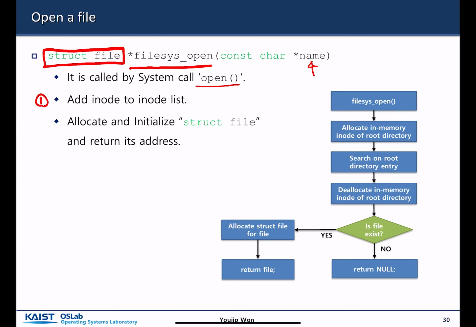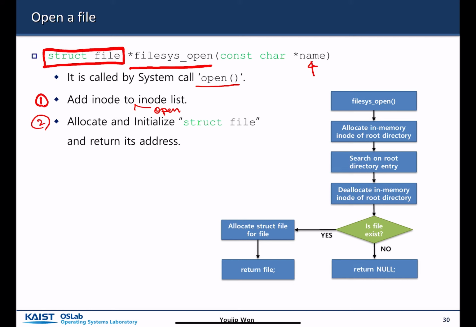First, it adds an inode to the open inode list. Second, it allocates and initializes a struct file and returns its address.